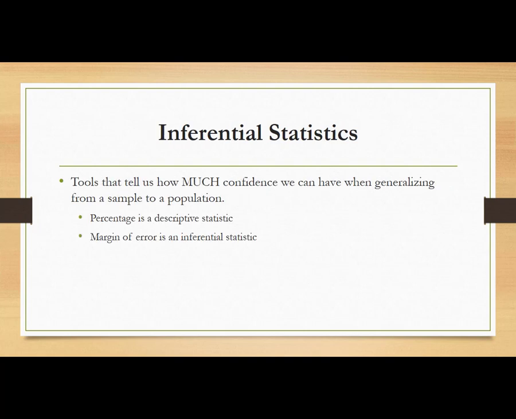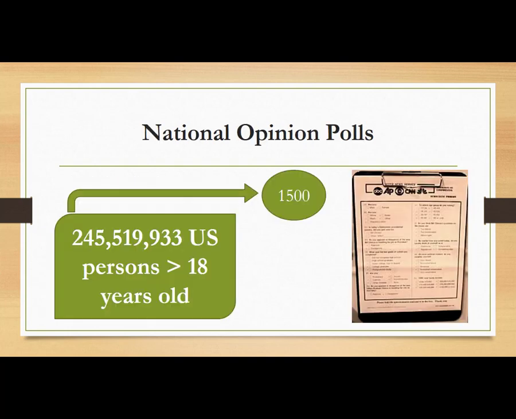Inferential statistics are tools that tell us how much confidence we have when generalizing from a sample to a population. So make sure you remember the difference between sample and population and how they are related. Consider a national opinion poll in which carefully drawn samples of only about 1,500 adults are used to estimate the opinions of the entire adult population in the United States.